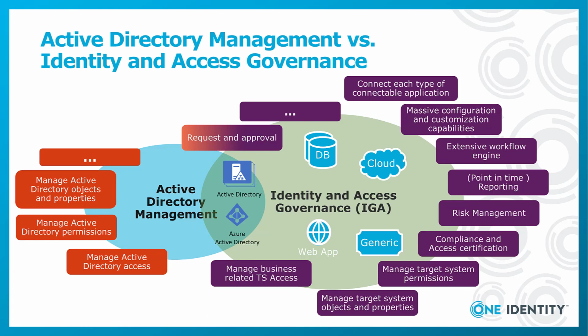In contrast to that, the identity and access governance solution doesn't really take care of Active Directory specifics. This solution is typically there to manage a target system from a user and permissions, that means entitlement, perspective. And this will happen to all connected target systems, and the connection to other target systems is just a base feature of an identity and access governance solution.